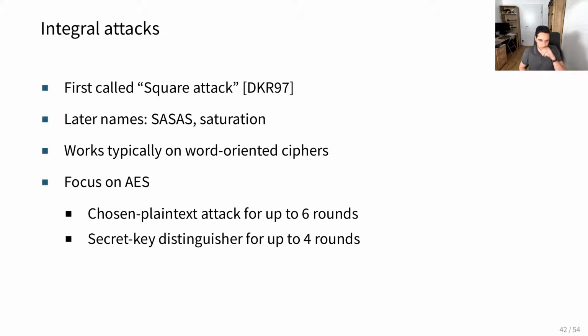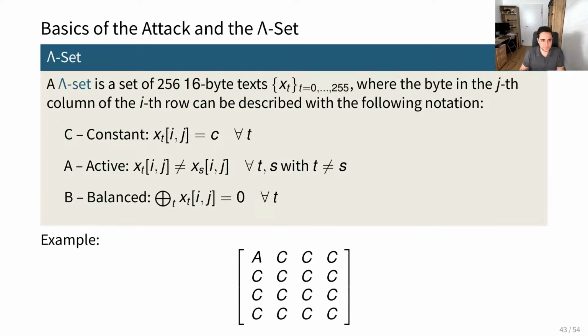Maybe we can connect this to the word saturation, because we try to saturate something, and we will see later what we try to saturate. For this presentation, we will focus on the AES, and we will see a couple of possible attacks or distinguishers. But first let us define this set.